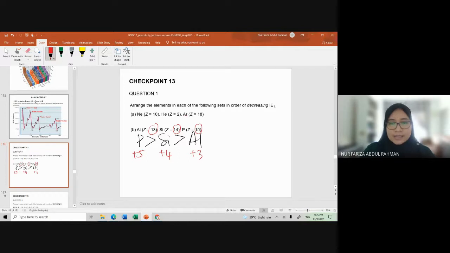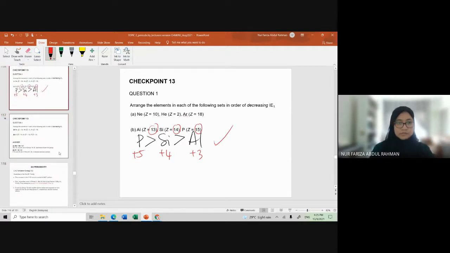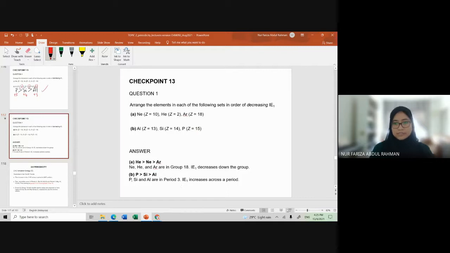So the higher the Z effective across the period, you have to mention about Z effective. The higher the Z effective, therefore, the smaller the size, and the higher the ionization energy. Okay, right, good. That will be it.